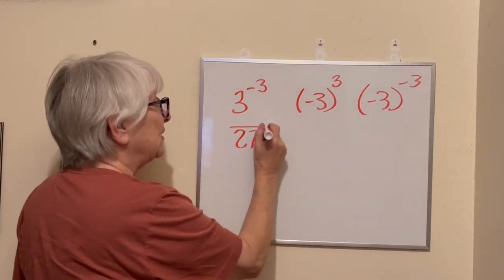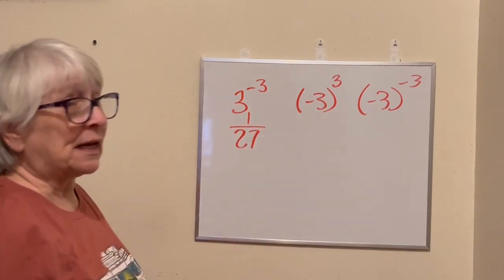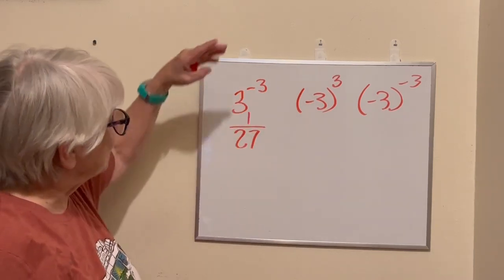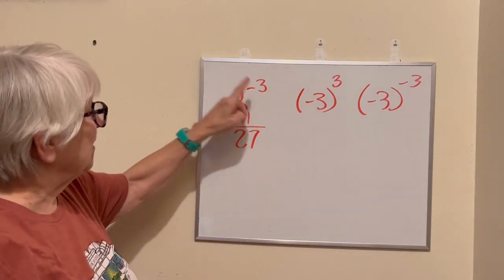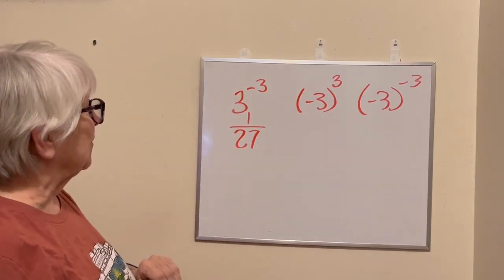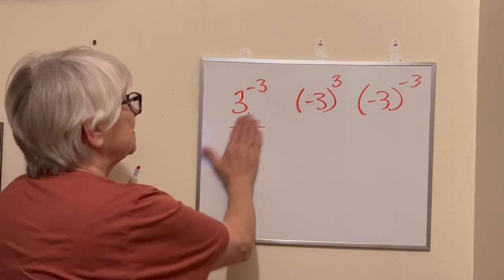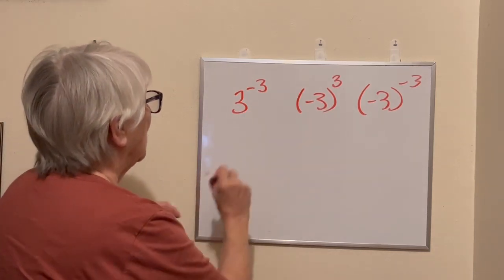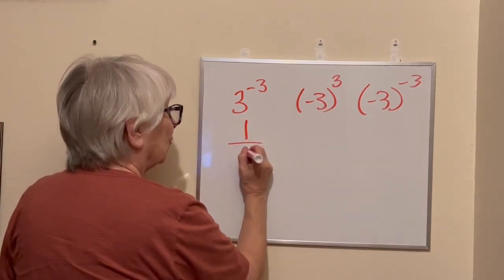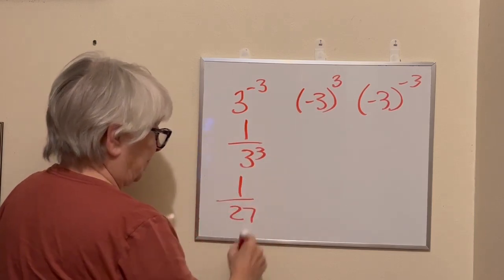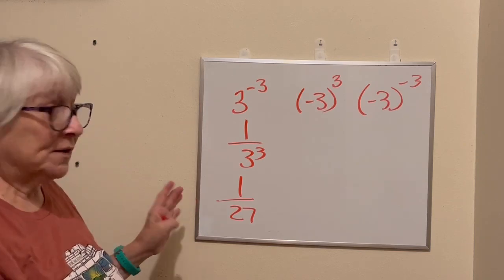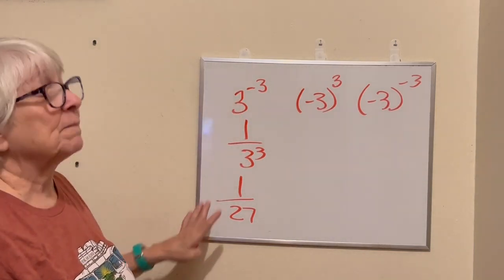But that 27 is in the denominator because that negative sign pushes it down. What the negative sign does is move it from the numerator to the denominator. So this becomes 1 over 3 to the third, which is 1/27. Okay, it's not negative 1/27, it's positive.